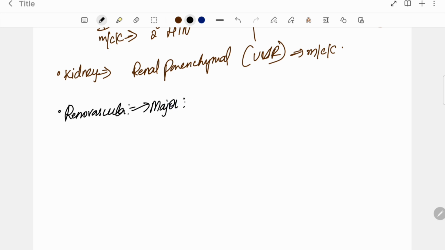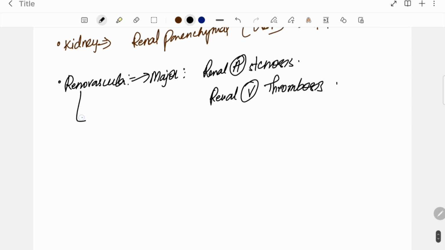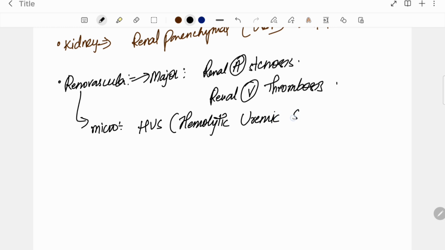Major may be renal artery stenosis or renal vein thrombosis. And the microvascular problem is HUS, that is hemolytic uremic syndrome.